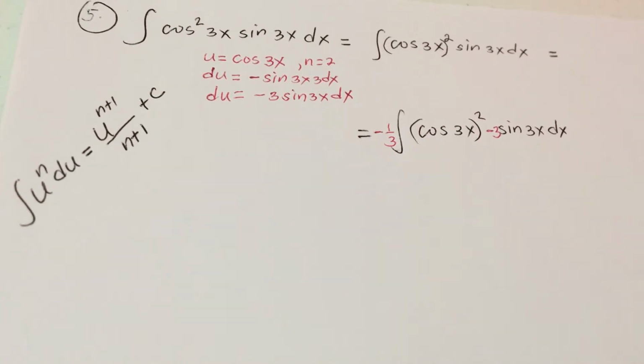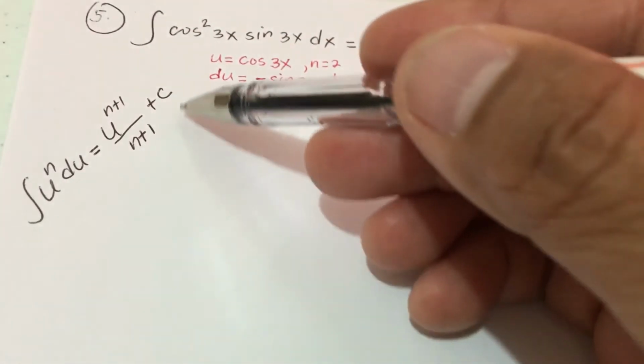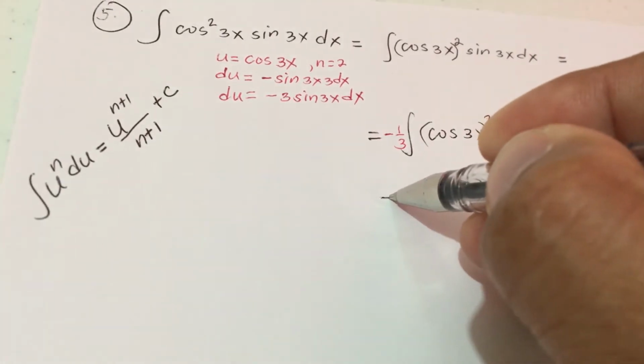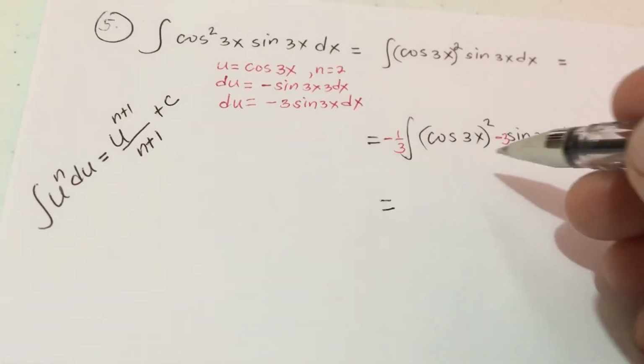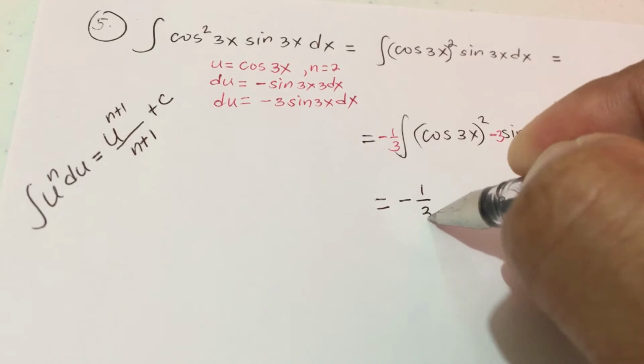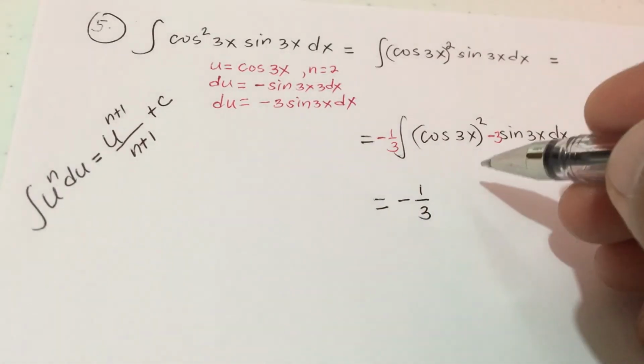Okay, so now applying the formula, because we can now use the power formula when we already have a perfect du. So this will be minus 1/3. Applying this formula, we have u to the n plus 1.